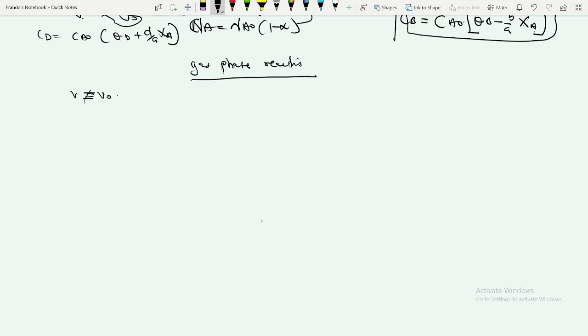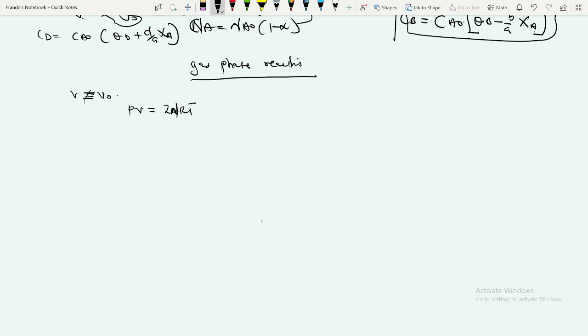Because we are dealing with gases, we can always turn back to our ideal gas equation, which is PV equals ZnRT. This always works.